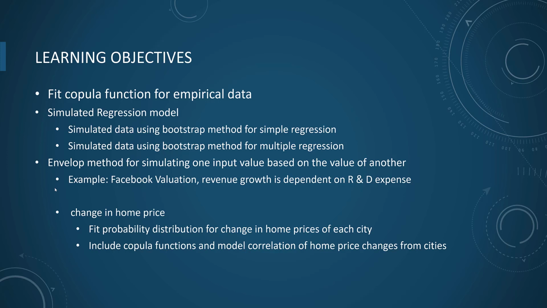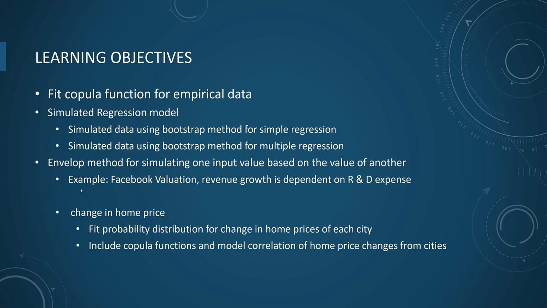If you don't have a large enough sample, we can use the bootstrapping method to generate more samples and run simulation. We look at simple regression where we have only one x variable, and multiple regression where we have several independent variables.